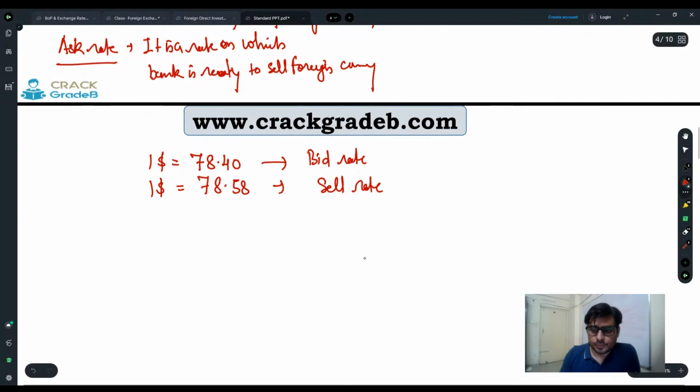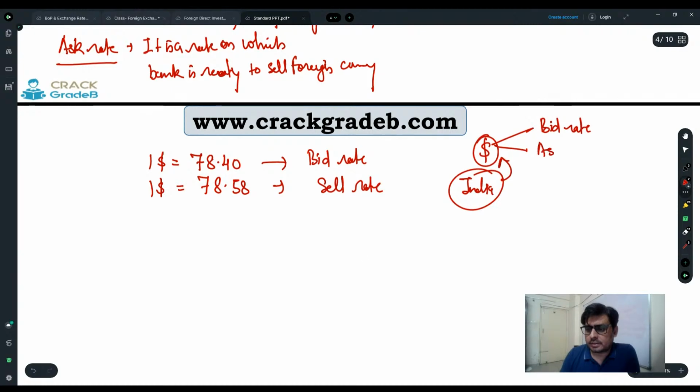Suppose that we are talking about India. So in India, for the dollar, there is one bid rate and another is ask rate.